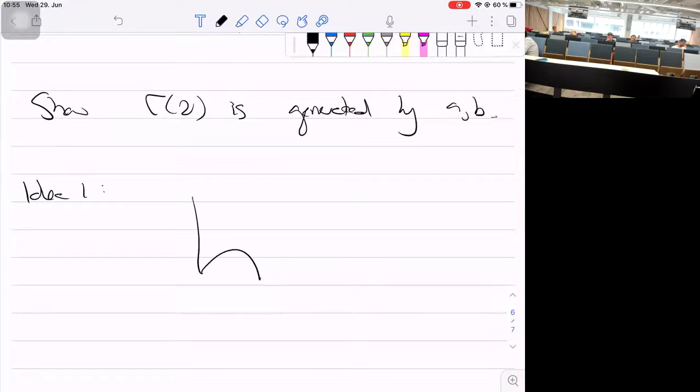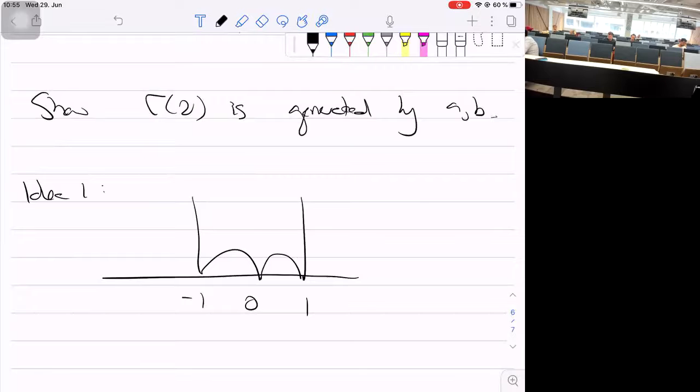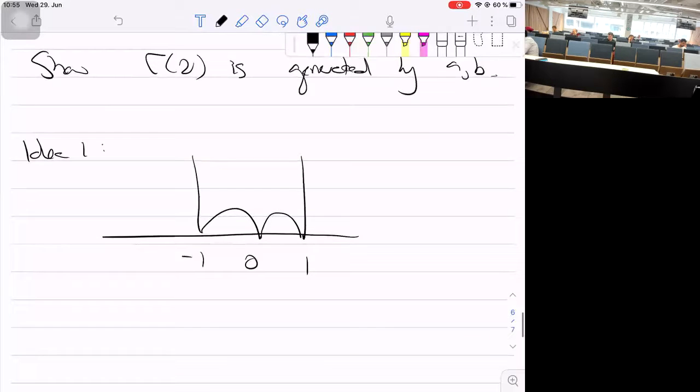So idea 1 is, you already told us the fundamental domain looks as follows: the strip from -1 to 1, where we've removed two circles from the bottom.